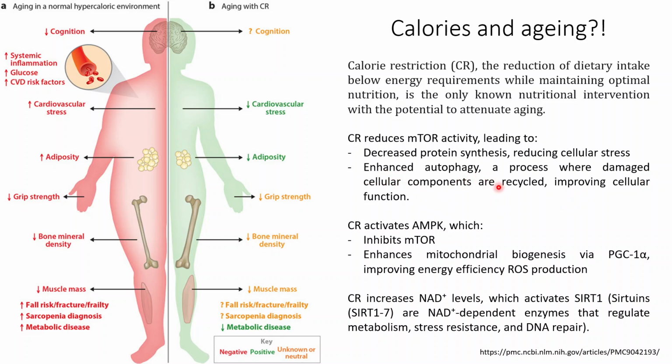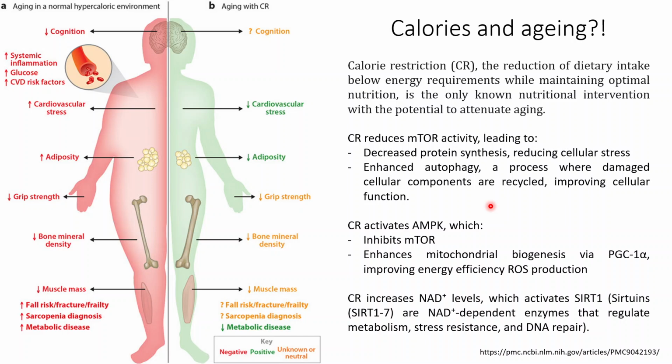And here also they saw that there's enhanced autophagy, and that is, as I mentioned, a process where your damaged cell components and organelles are recycled. So this can actually improve cell function. If you're removing damaged parts, you're recycling them to produce new and more functional parts, you'll definitely improve cell function. So you want to have more autophagy, like efficient autophagy, within the limits of reason, and you want to reduce cell stress. So CR reduces mTOR activity.